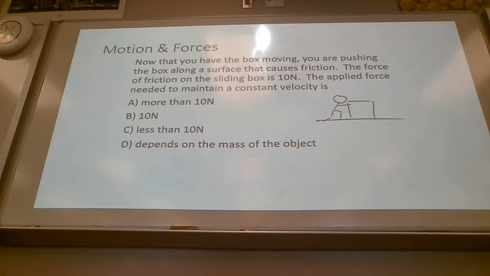Correct answer is B. Constant velocity, you know the net force is equal to 0. It's going to do what it wants to do.